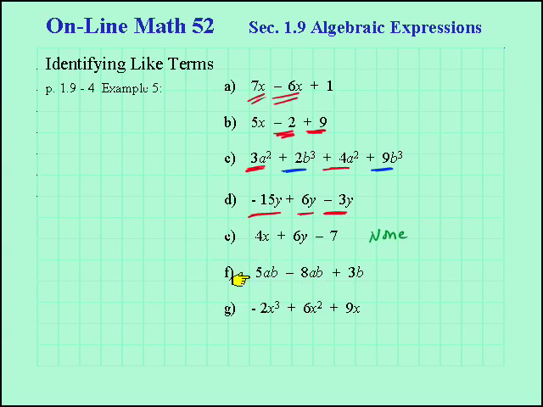Anyway, in letter F: 5ab, negative 8ab, plus 3b, positive 3b. This one is missing something, and that means it's not like the others. Only the 5ab and the negative 8ab are the like terms.